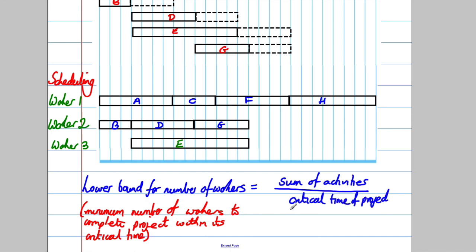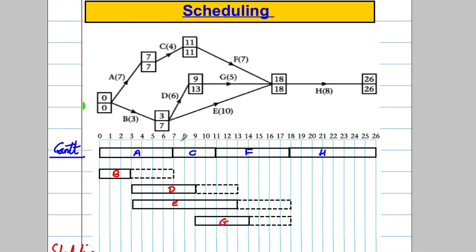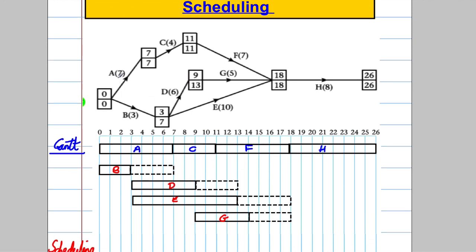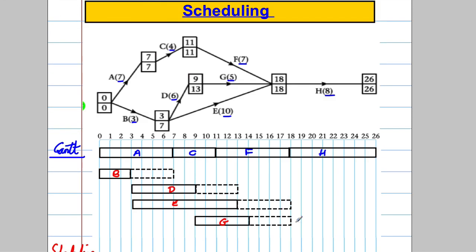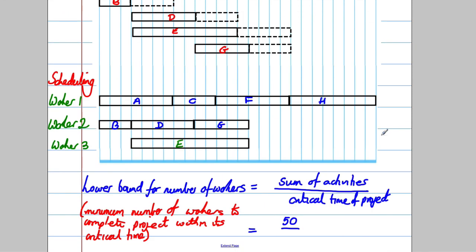So in this case, the sum of all the activities, well, we have 7, and 3 is 10, add 4 is 14, add 6 is 20, add 10 is 30, add 5 is 35, add 7 is 42, and add 8 is 50. So the sum of all the activities is 50, and the critical time of the project, if you remember, is 0 to 26, so I would divide that by 26 as follows.